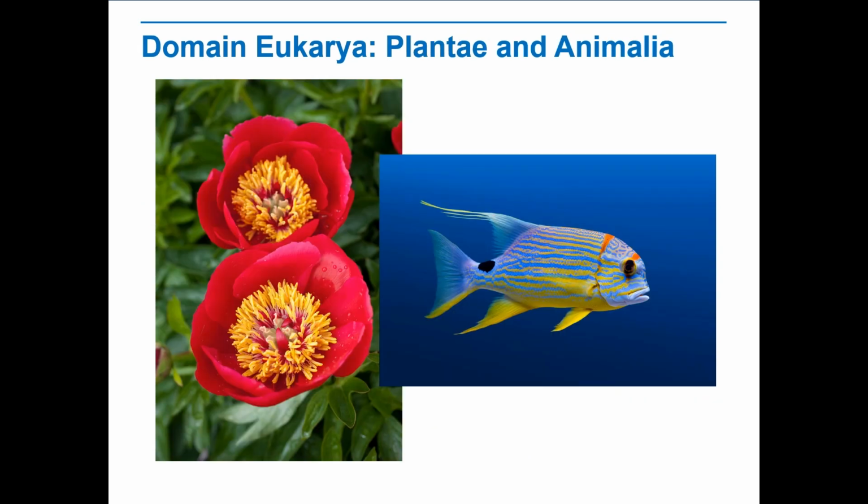Members of the kingdom Plantae are autotrophs with cell walls that contain cellulose. Autotrophic plants are able to carry on photosynthesis using chlorophyll. Plants are non-motile. They cannot move from place to place.